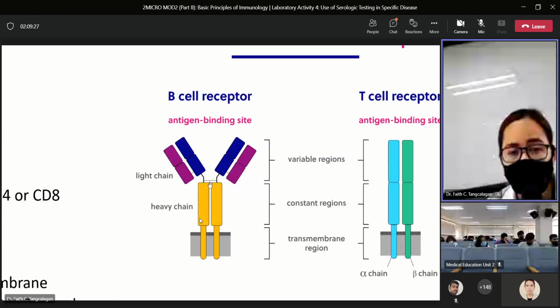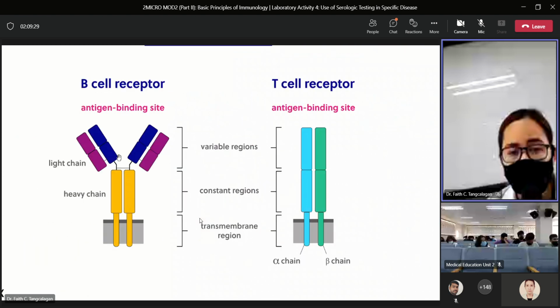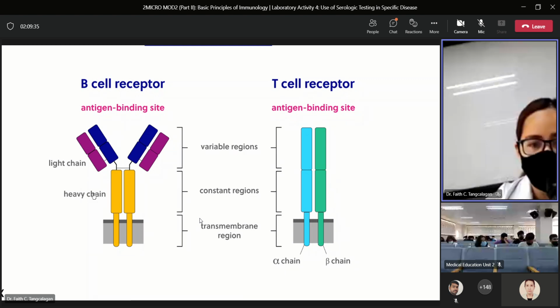So your B cell still has your light chain and your heavy chain, and also has the variable and the constant regions. And then your T cell also has a variable and constant region, okay? But there is no light chain and heavy chain, only the variable and constant region remained.